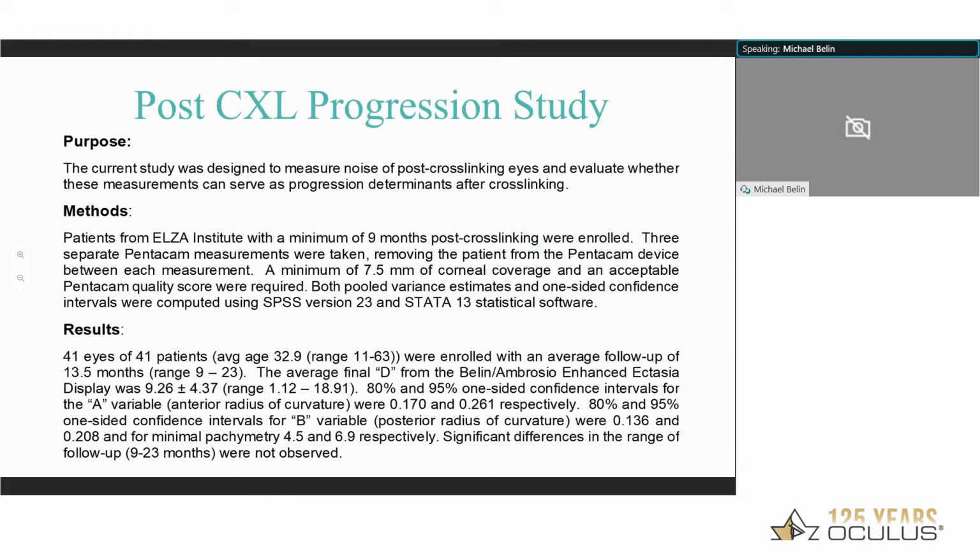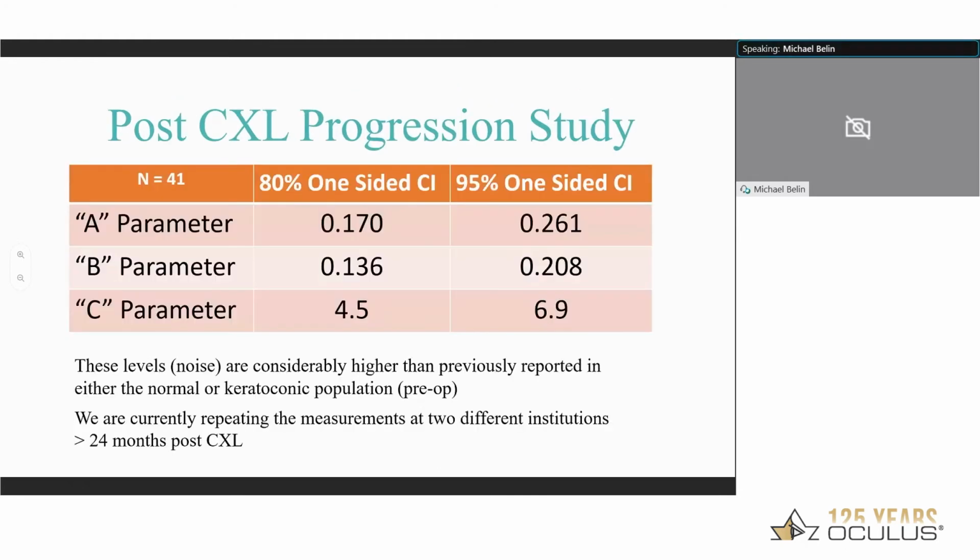I've worked with the group in Zurich, and we've begun looking at the noise measurements post-cross-linking. This is a study that we've already submitted. We looked at 41 eyes, age from 11 to 63, who were 9 to 23 months post cross-linking.